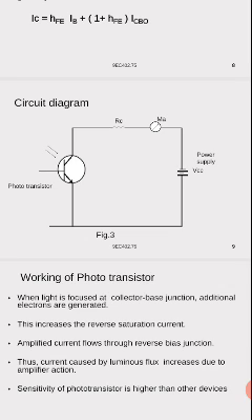Sensitivity of phototransistor is higher than other devices.